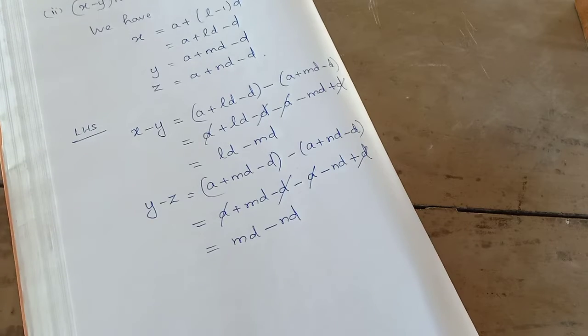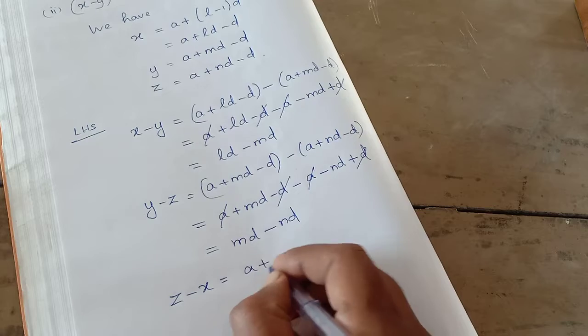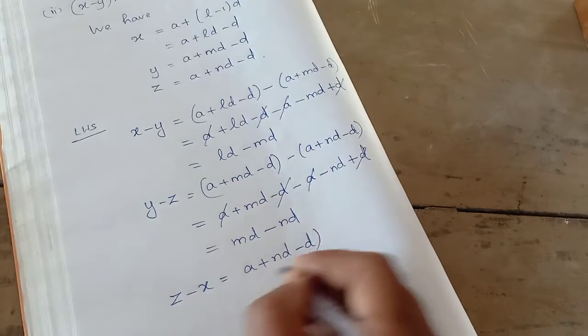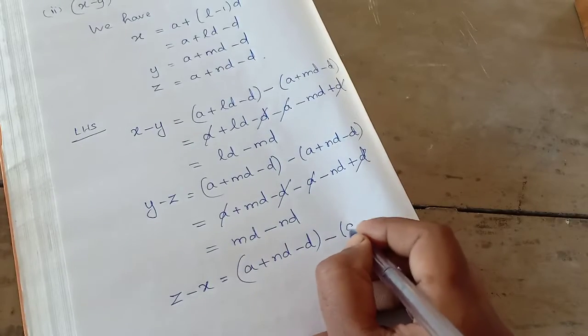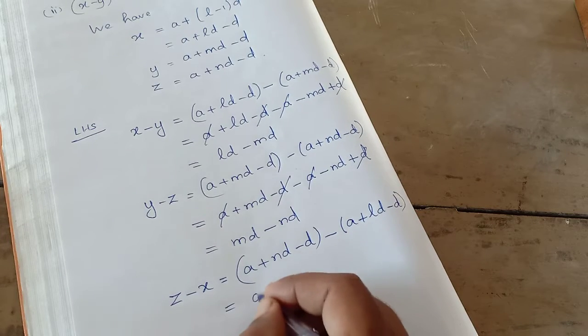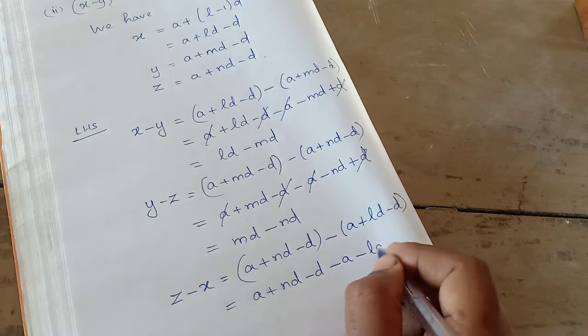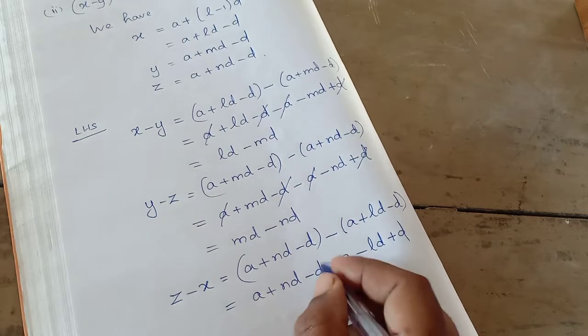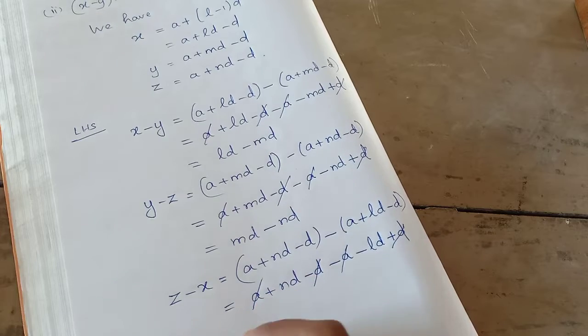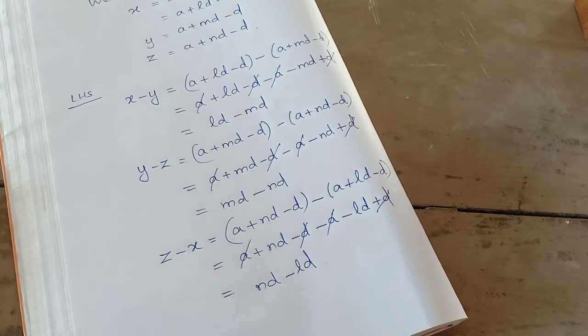After that, Z minus X. So Z means A plus ND minus D minus A plus LD minus D, which is equal to A plus ND minus D minus A minus LD plus D. So minus and plus, both the terms cancel. So ND minus LD. Now bracket terms over.